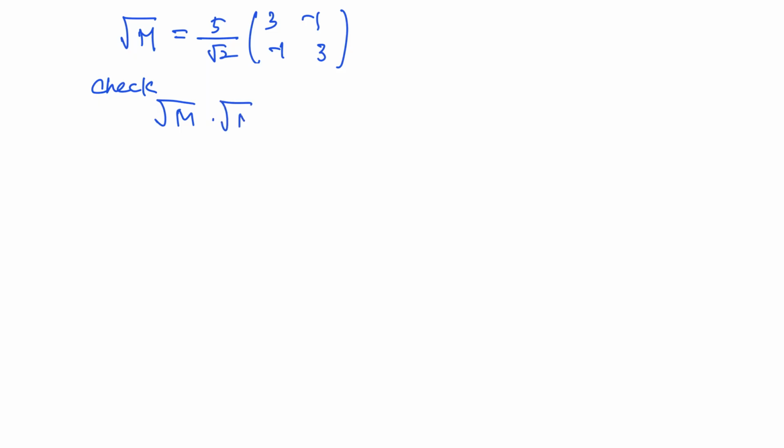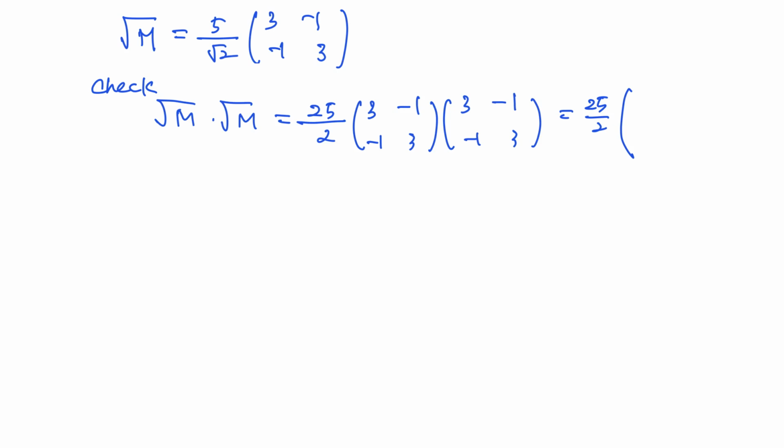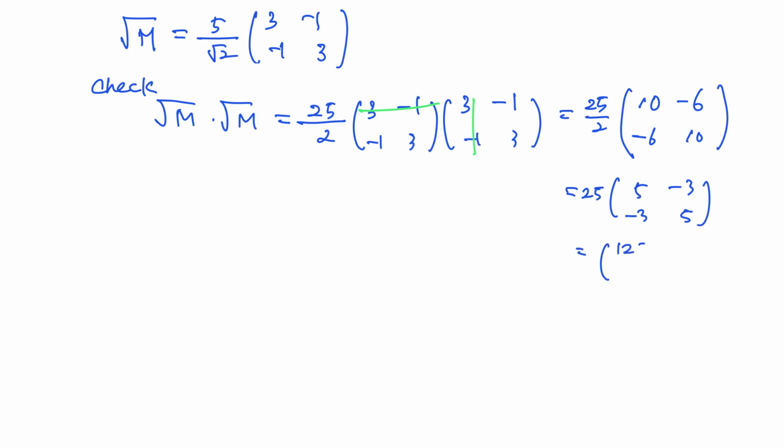Square root of m times square root of m is equal to 25 over 2, right, times [3 -1; -1 3] squared. That is 25 over 2 times [10 -6; -6 10], which is 25 times [5 -3; -3 5], which is [125 -75; -75 125], which is m.